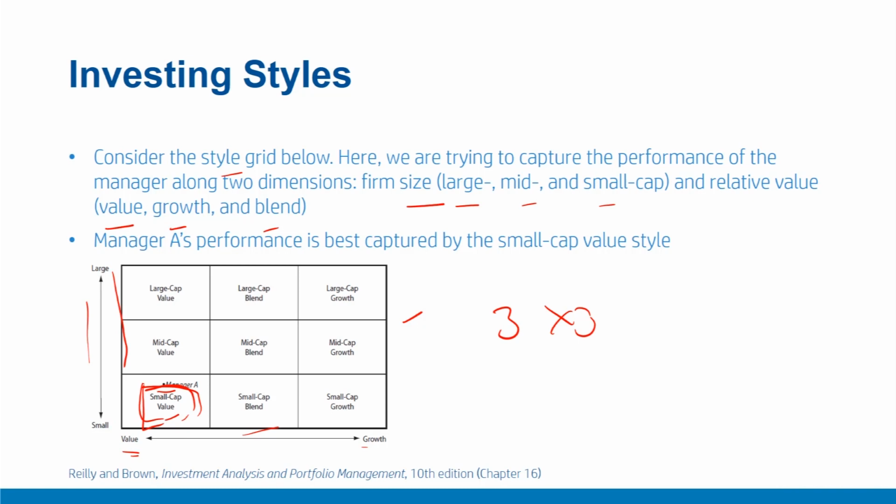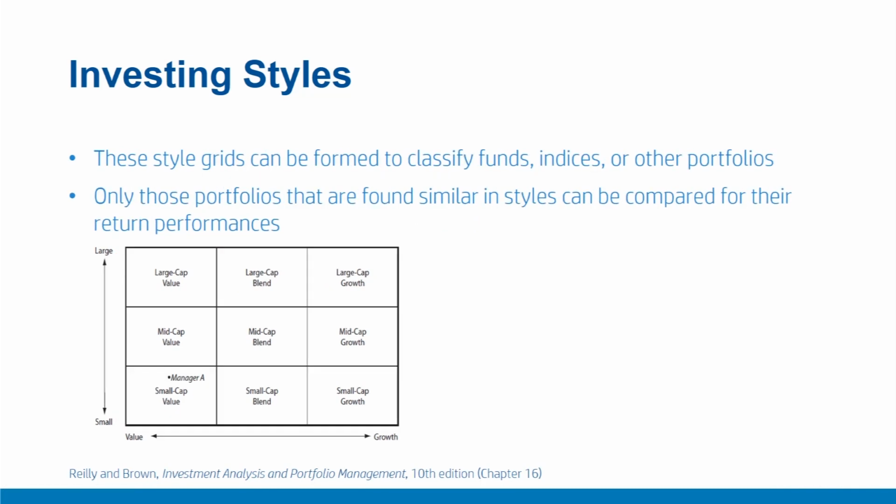For example, manager A follows small cap value style, and therefore all those managers that follow small cap value style, their performances can be compared with that of manager A. This kind of style grid analysis is often employed to classify funds, indices, and various other portfolios, so that once they are classified and aggregated into different buckets, their performances can be compared to each other.